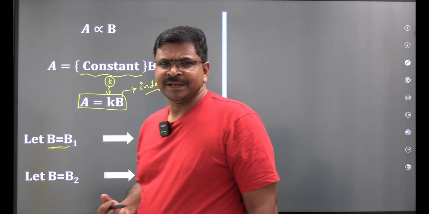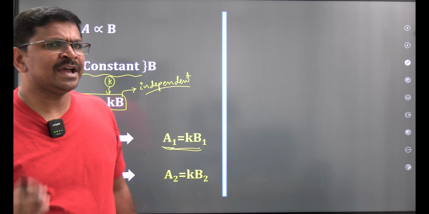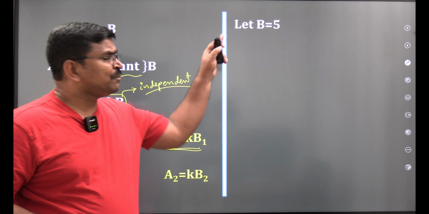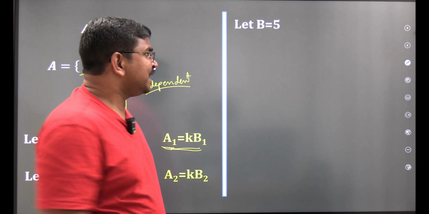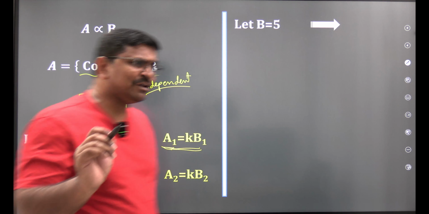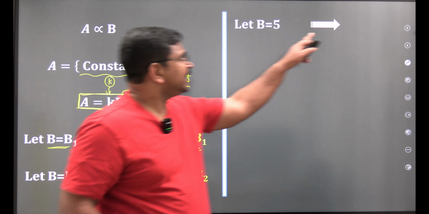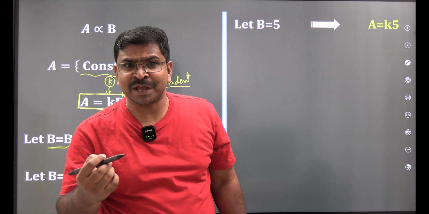Very simple idea, there is no complexity in this. It is direct substitution. Suppose instead of B1 or B2, I give you B equal to 5, then we know very well A equal to K times B, so I can write A equal to K times 5.